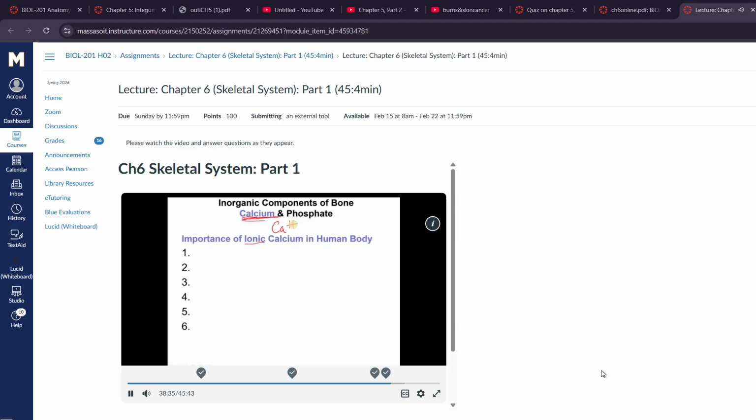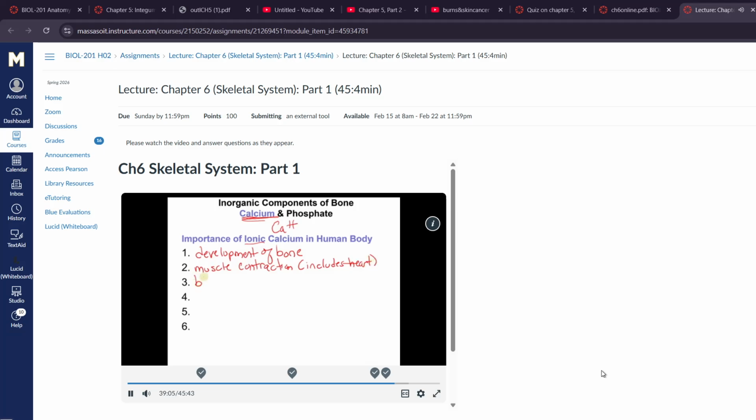So what is calcium needed for in the body? Well, you already know you need it to make bone. So I'll say development of bone. But you also need it for muscles to contract. And you're going to find this out in a later chapter. Muscles will not contract without calcium, and this includes the heart, which is a muscle made mostly of cardiac muscle.